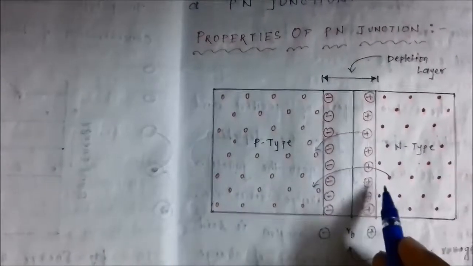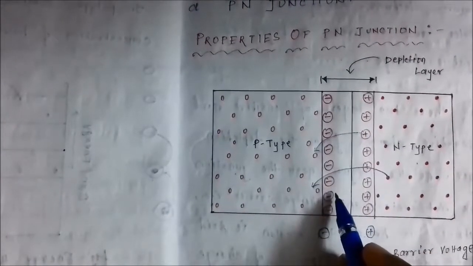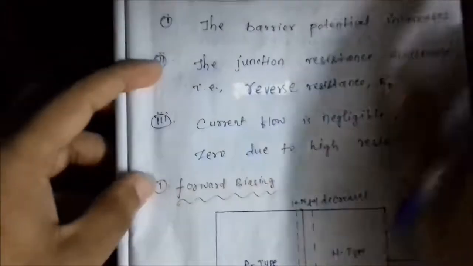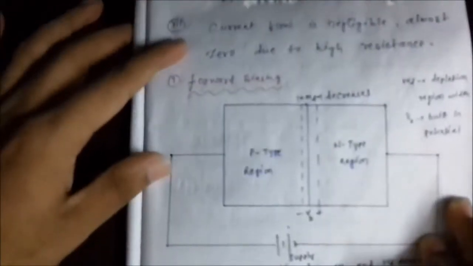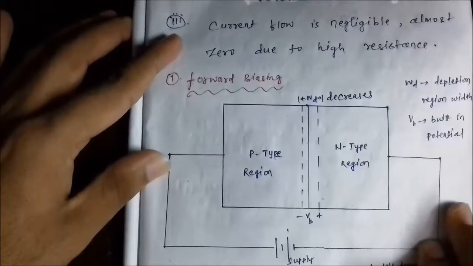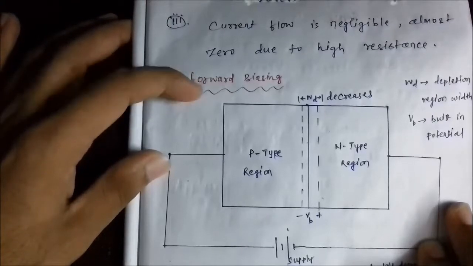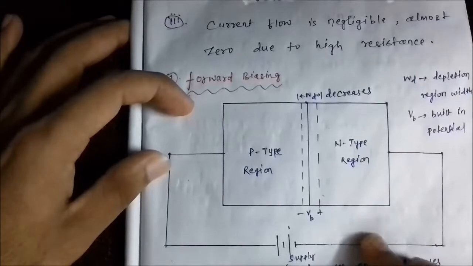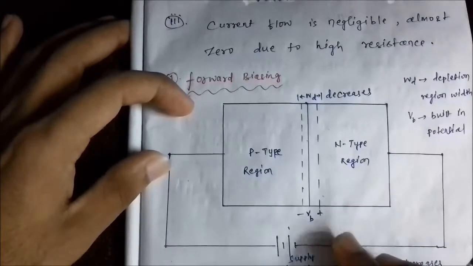This potential barrier gets reduced by the application of electric voltage or supply in the opposite direction. It is called forward biasing. Now, this is the schematic diagram of the mechanism of forward biasing.